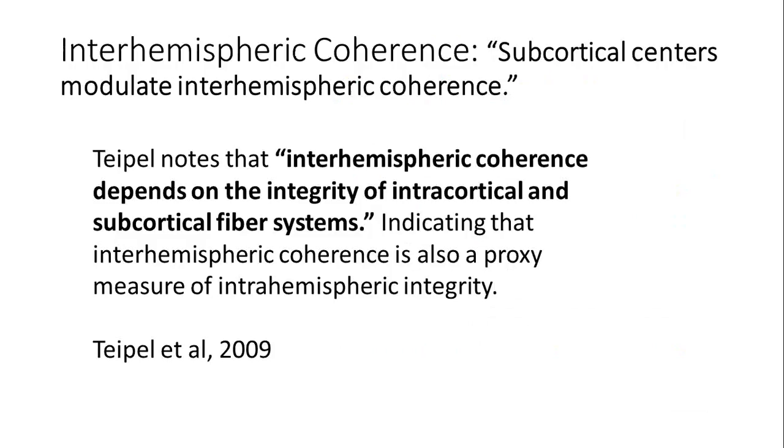So interhemispheric coherence: subcortical centers modulate interhemispheric coherence. Dipole notes that interhemispheric coherence depends on the integrity of intracortical and subcortical fiber systems, indicating that interhemispheric coherence is also a proxy measure of intrahemispheric integrity. You'll see that pretty consistently: with inter out, the intra is out.